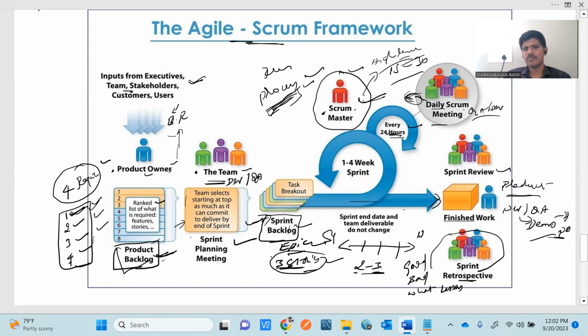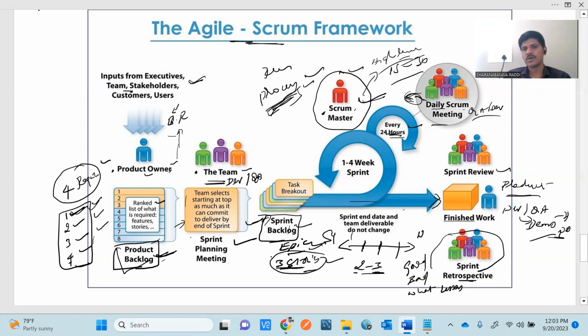Sprint backlog means they will move those decided stories or epics into the current sprint. Then from here, what happens? This current sprint will have a duration of 3 weeks, so that in these 3 weeks they will implement these stories and test these three stories.